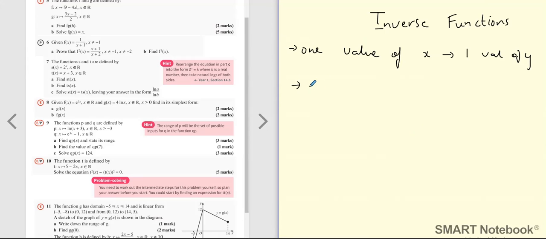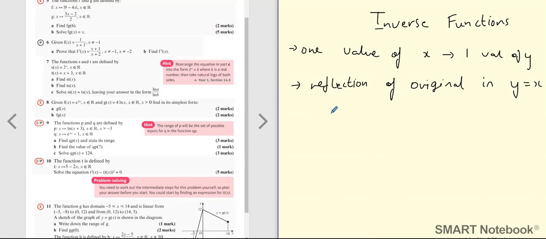Well, inverse function is a reflection of original function in y equals x.